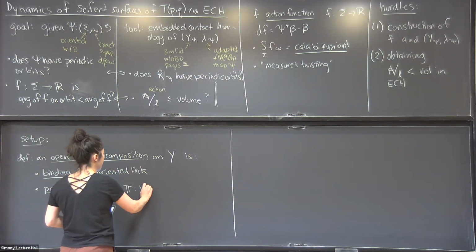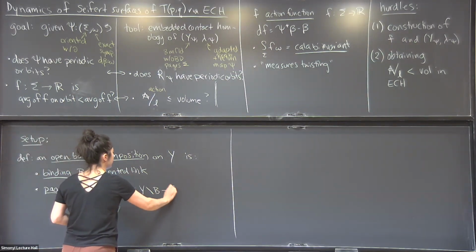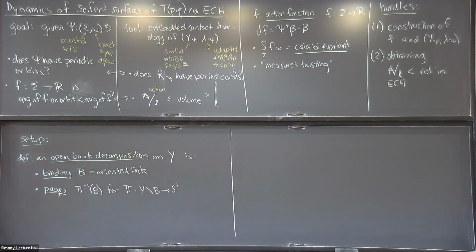So pi is a map from Y minus the binding to S1. I have the perfect prop here. If you think about the cover of my iPad tracing out the pages like a Rolodex, this is exactly what's going on. The binding would be where my little pencil is. And here the three-manifold wouldn't be closed, it would just be this cylinder, but you can construct these on all three-manifolds.